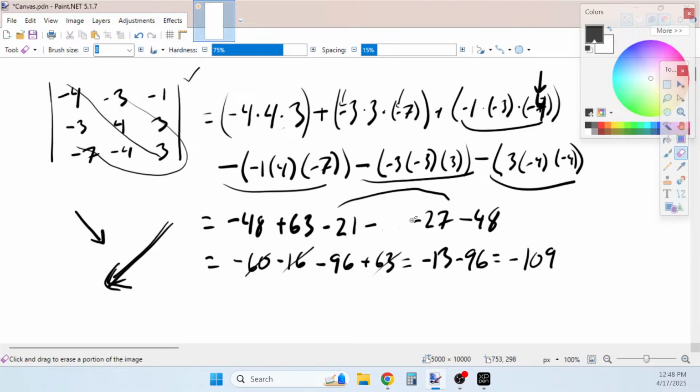That should be 12. Problems. Negative 1. Negative 7. 3, negative 3. Positive 3. 3. Negative 4. Everything else looks okay.